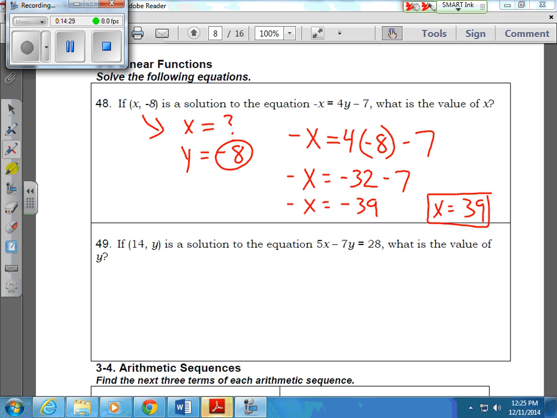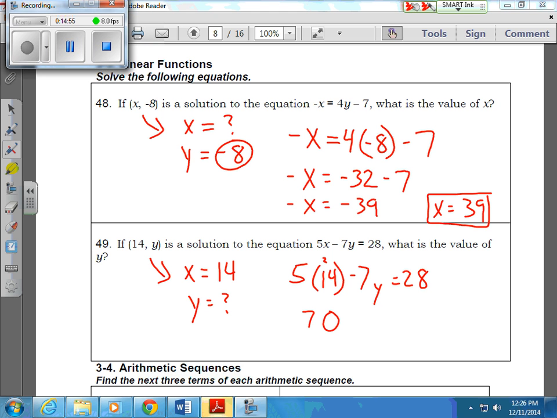So the same thing with 49. If (14, y) is a solution, well, that means now that we know the value of x is 14, and the y value is what we don't know. So we're going to plug the x value in and solve for y. So 5 times 14 minus 7y equals 28. So that's 70, minus 7y equals 28.